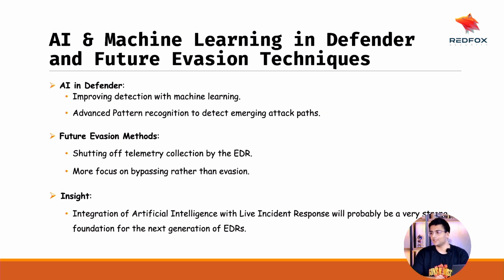Bypassing takes a lot of research. Like that AMSI script was not mine. That takes a lot of research, but I think that is one of the only ways you can get through an EDR these days. And integration of AI with live incident response is something that Microsoft has recently started doing. That is proving to be really great, because like I said, if an actual person got hold of my script, they would be able to piece together what exactly happened.